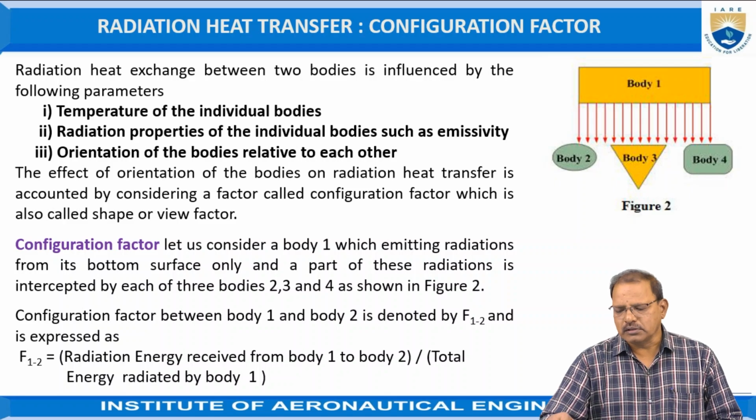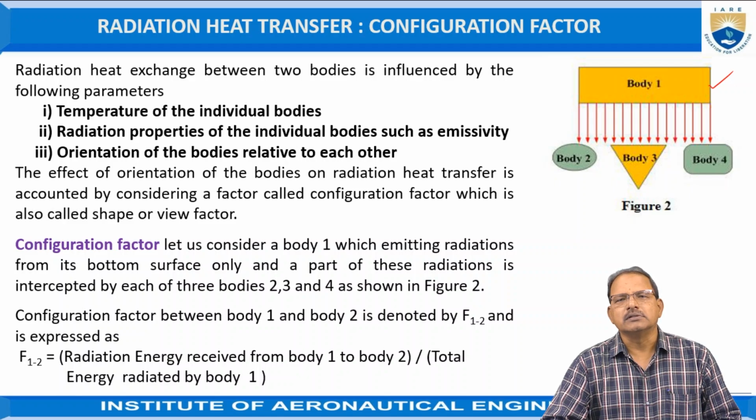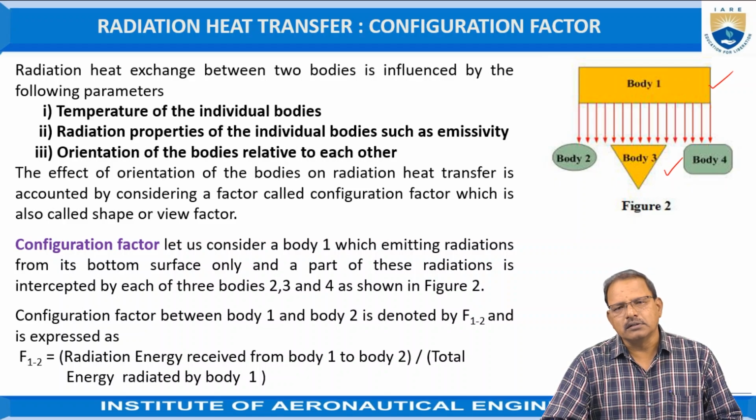Let us consider body 1. Here, body 1 is emitting radiation from its bottom surface, and part of this radiation is absorbed by bodies 2, 3 and 4, as shown in the figure. When a body is at a higher temperature, heat energy is emitted from all the surfaces, all sides.